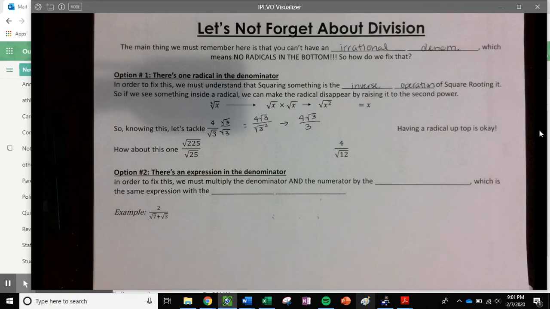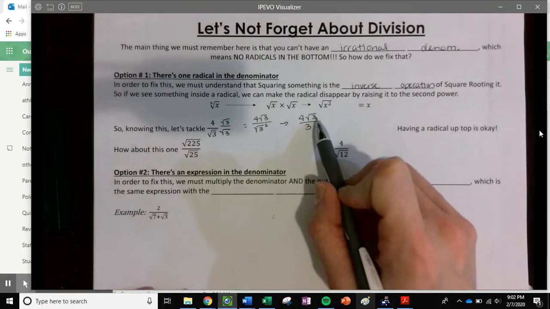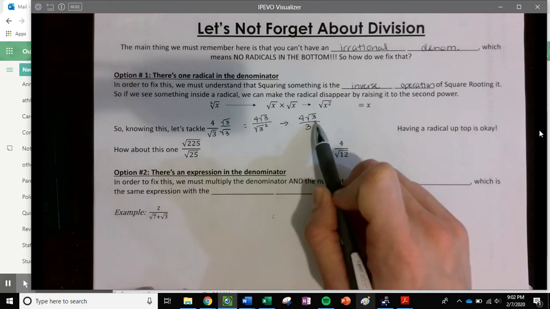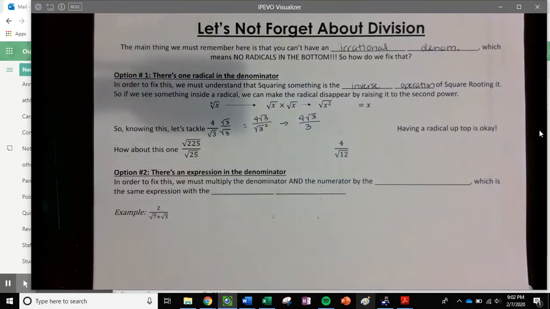The other thing that you have to remember is that when you are dividing and radicals are involved, you can only reduce numbers or perform actual division on numbers when they are in the same format. So I could not divide the square root of 3 by 3 and all of a sudden say, oh, 3 divided by 3, well, that's 1. So the square root of 3 divided by 3 must be the square root of 1. No, they're not in the same format. We cannot divide them.